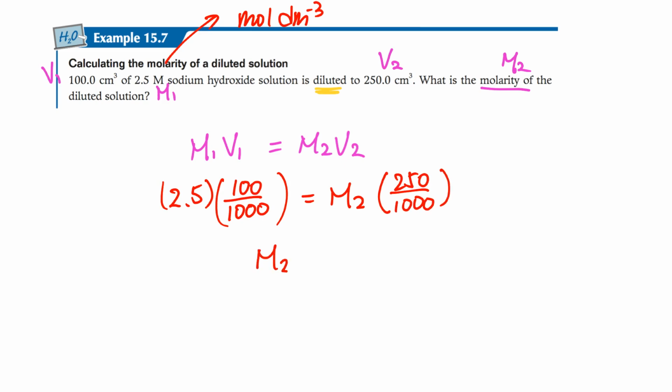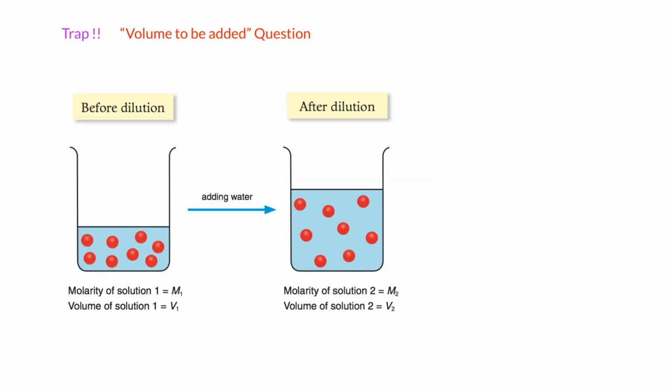After solving, M2 equals 1.0 molar. So basically when you see dilution, you have 2 techniques. One, apply the equation. Two, identify which one is V1, V2, M1, M2, and then put them in.